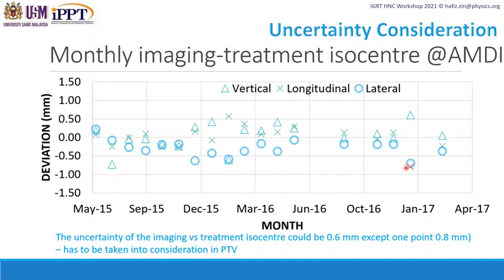This one, after a year, so this is the value. So we can see that it has stabilized during this time, but there are times when it exceeded, and can be up to 0.8 mm. So this is something that has to be considered in the PTV margin for all the patients at the center.